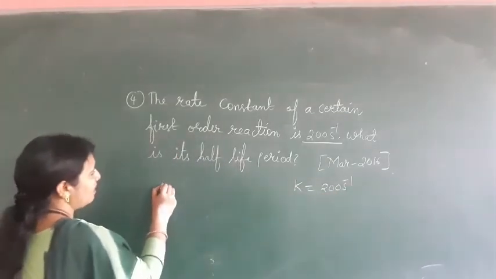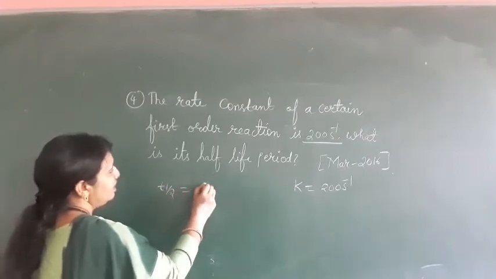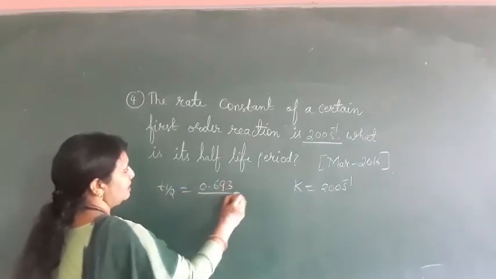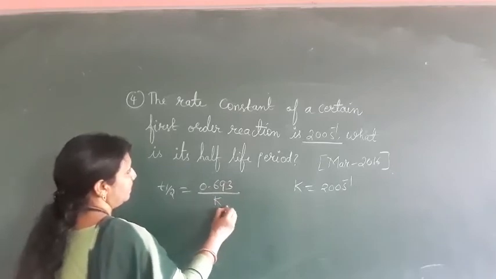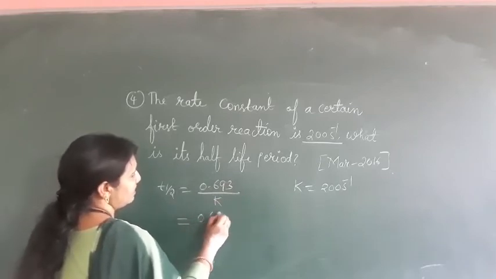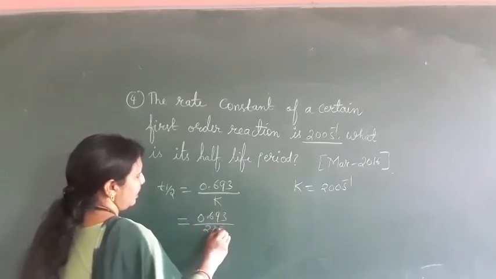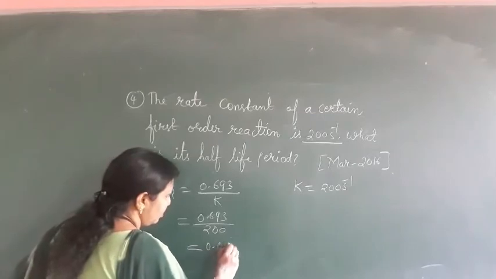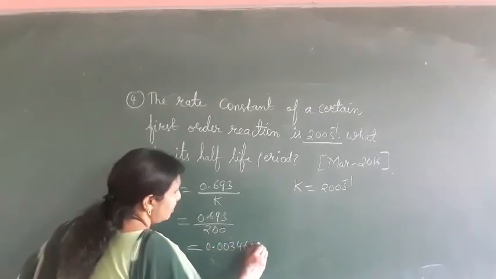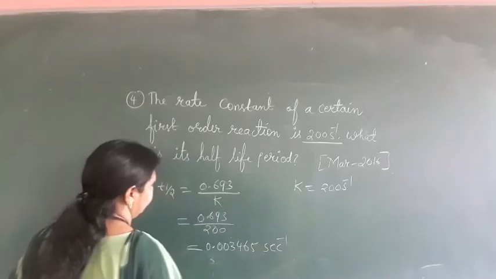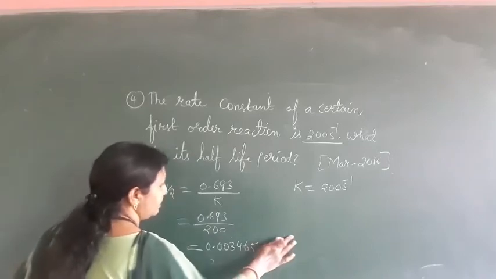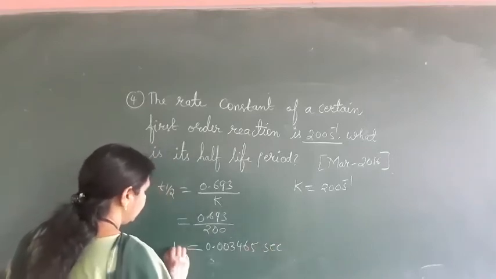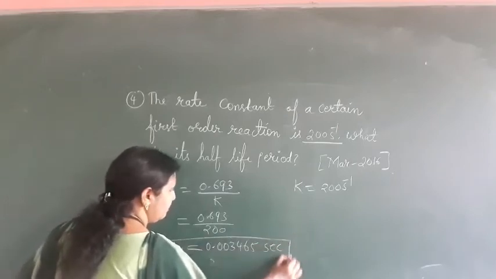For a first order reaction, we have the formula 0.693 by K. So 0.693 divided by 200, and just solve, you will get the answer 0.003465 seconds. Not per second, the unit is second. So this is T half.